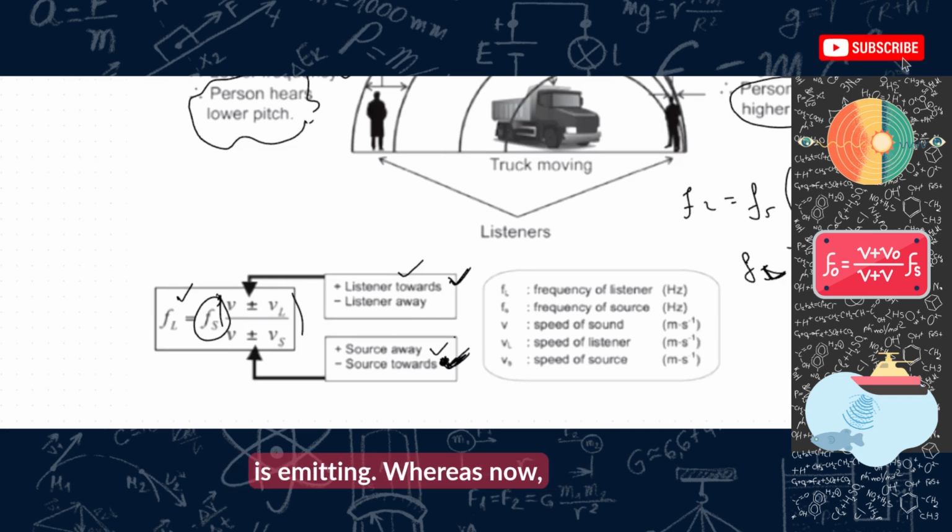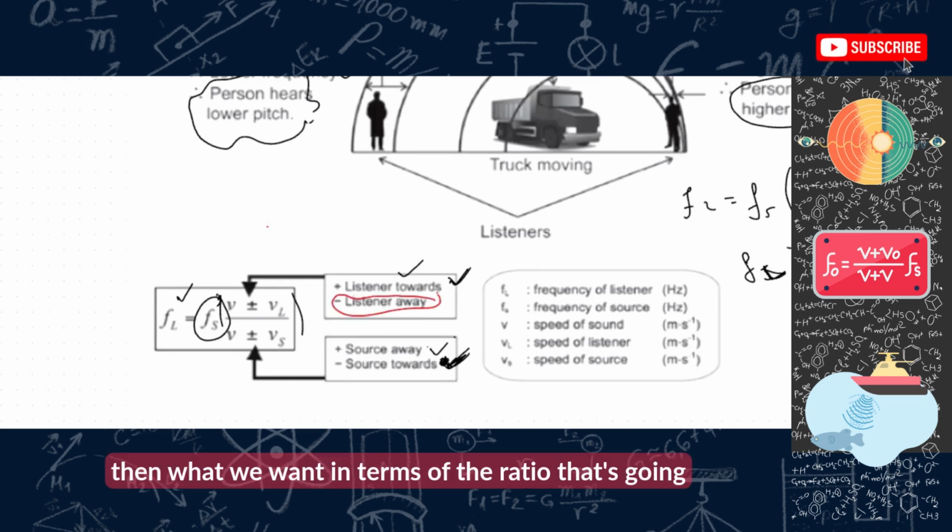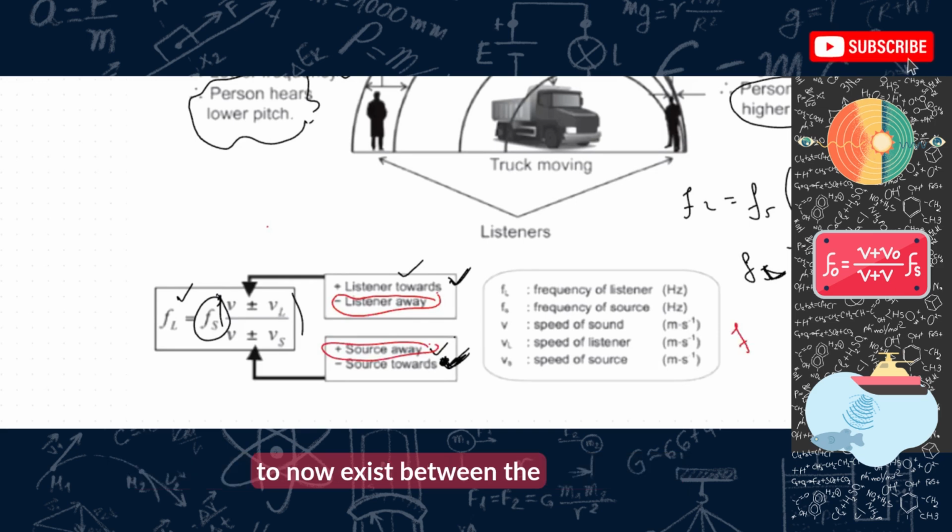Whereas now, if the sound source is moving away, then what we want in terms of the ratio that's going to exist between the listener and the source is for that ratio to be small.